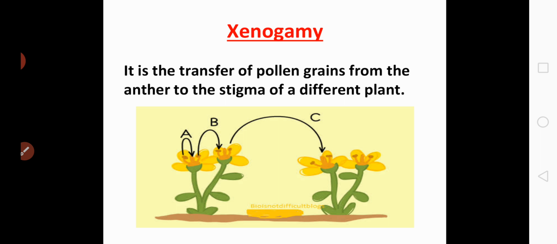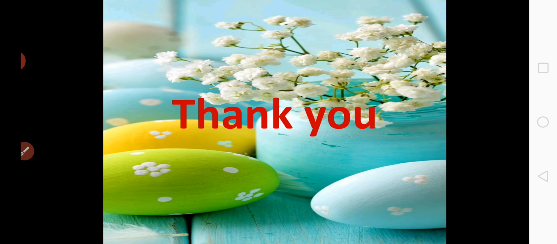In geitonogamy, the pollination takes place between two different flowers of the same plant. But in xenogamy, pollination takes place between two different flowers of two different plants. Am I clear? So these are the types of pollination, autogamy and allogamy. And under allogamy, there are geitonogamy and xenogamy. Thank you.